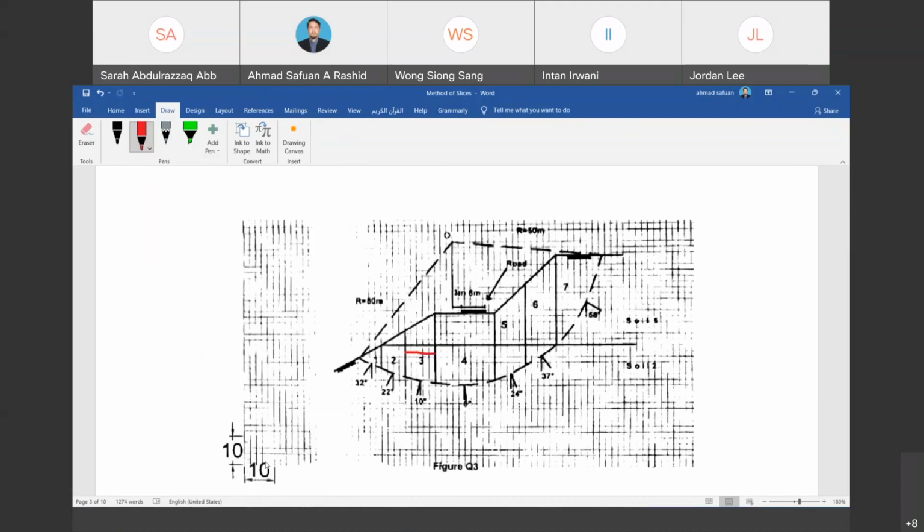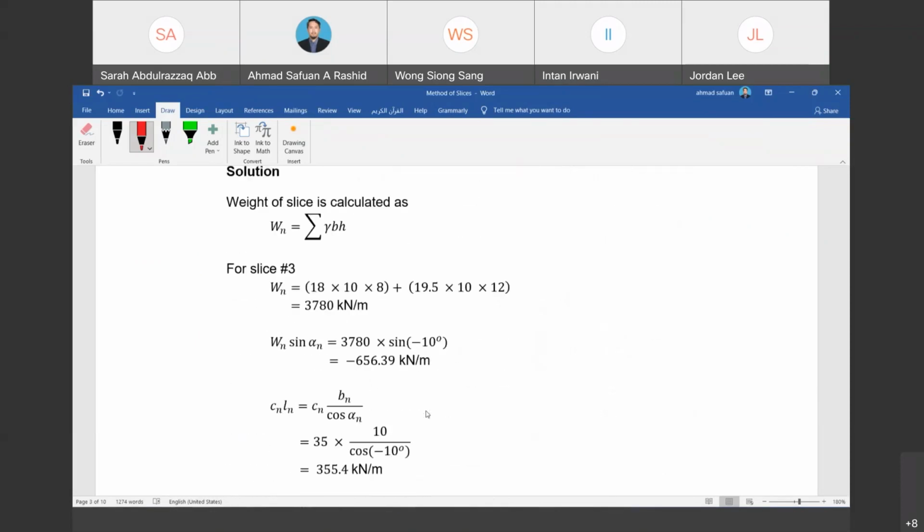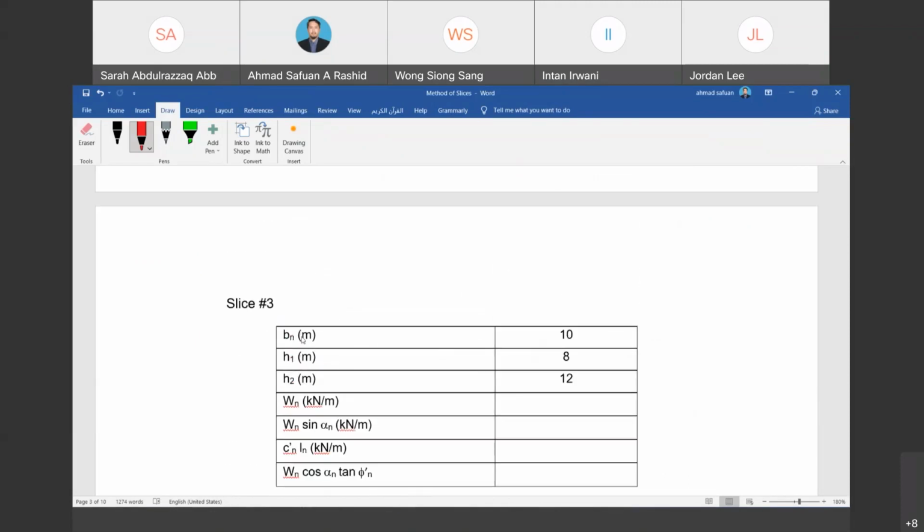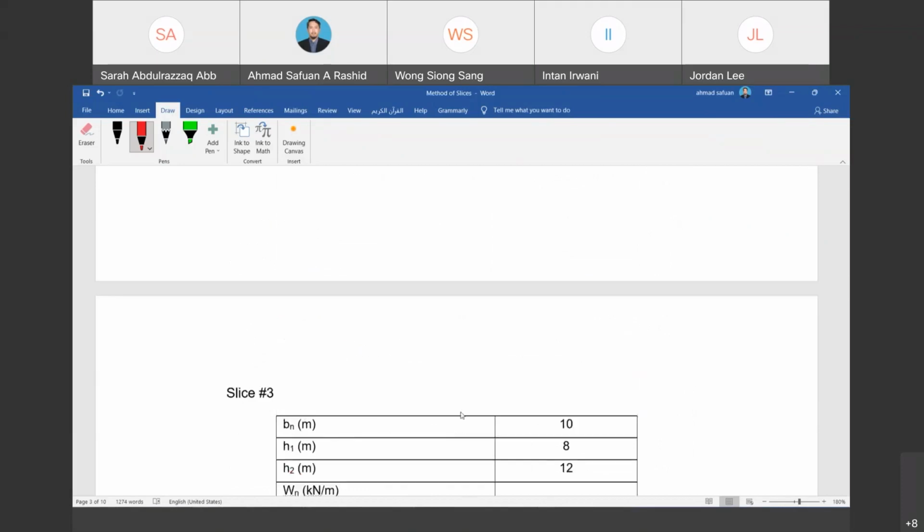For example, 5 boxes represent 10 meters, so every box represents 2 meters in the width or in the height. This slice number 3 contains 1, 2, 3, 4, 5 boxes, so the width is equal to 10 for slice number 3.